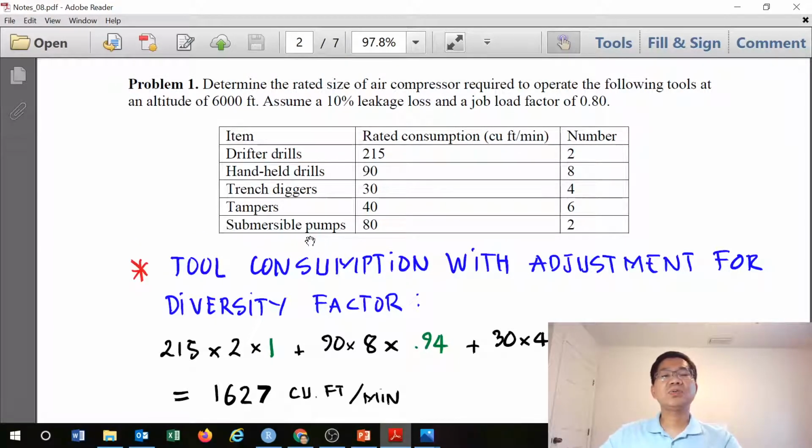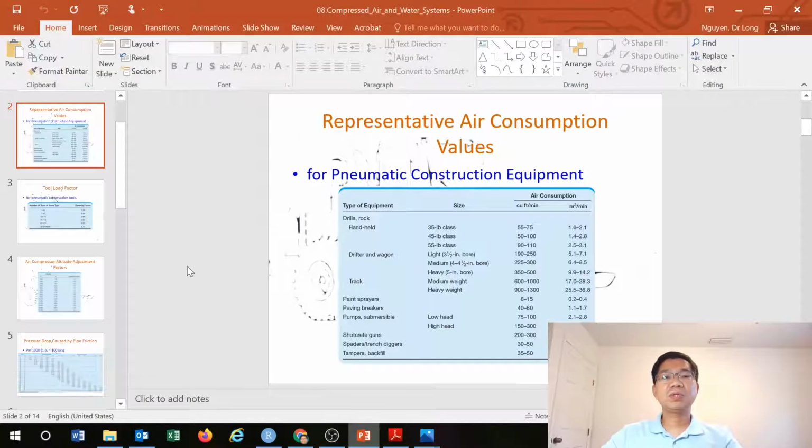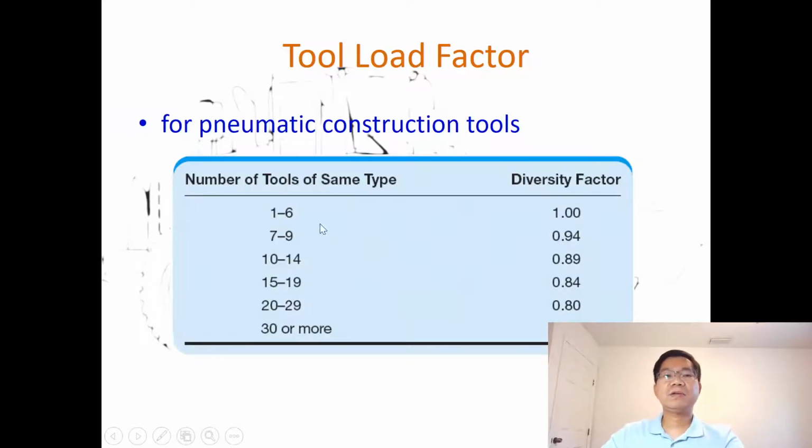So first we need the total consumption with adjustment for the diversity factor, considering the number of the same tool used. For example, rotary drills: we have rated consumption 215, and how many of them? 2. Diversity factor: go to the table, and as you can see, for 2 the diversity factor is 1.